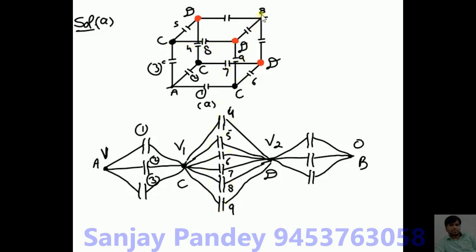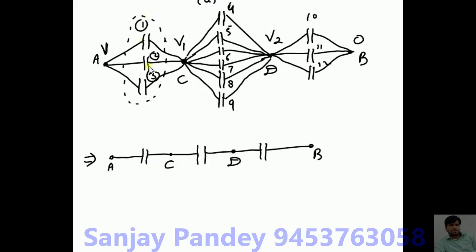Now between D and B there are 3 capacitors: capacitor number 10, 11 and 12. Each capacitor has capacitance C. Now these 3 capacitors are in parallel, so their resultant is 3C.